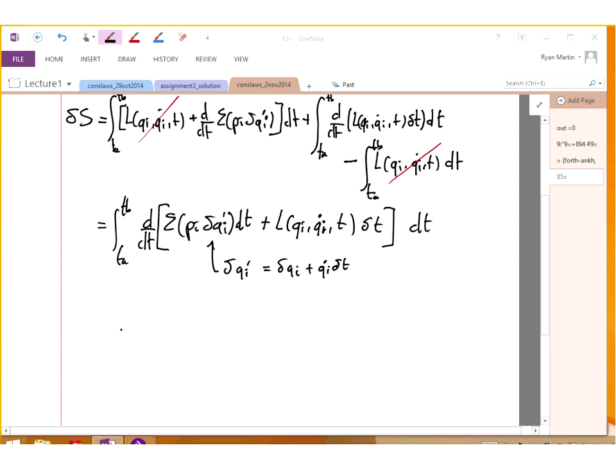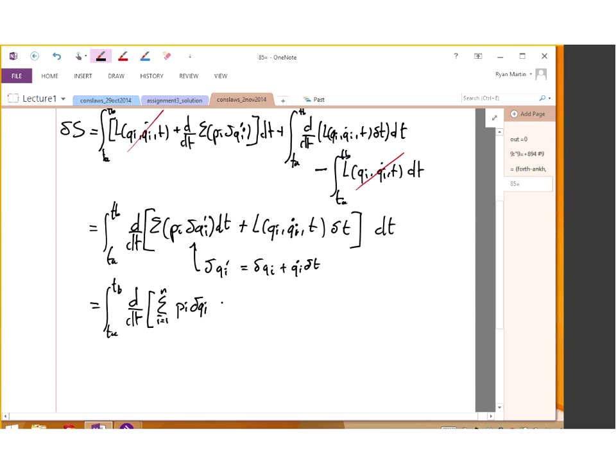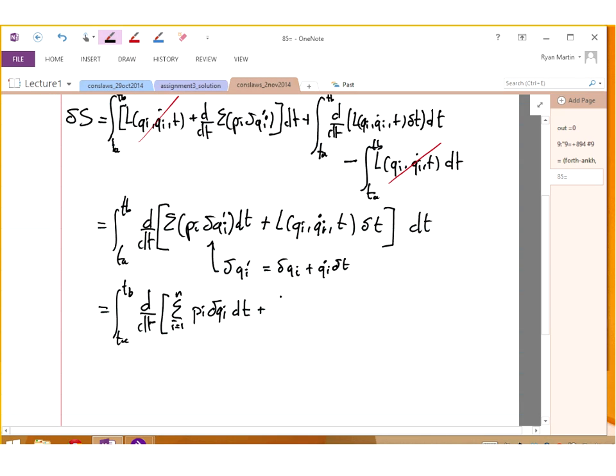So if I expand that out, I have the integral from ta to tb, d by dt, of the sum from i equals 1 to n of pi delta qi, right, dt, so that's the first term.